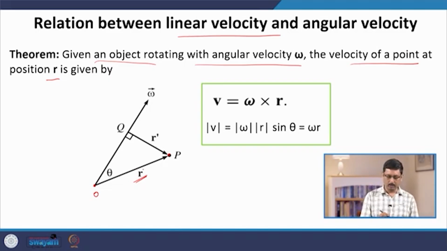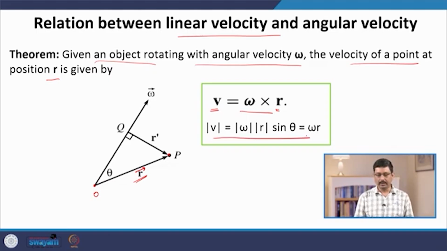This is boldface, meaning this is a vector quantity. Then its linear velocity v, the actual velocity, which is the rate of change of displacement, is related to the position vector by this particular expression. Perhaps you are familiar with this expression in terms of magnitudes, the 2-dimensional version, but in full 3D we need to describe it using the full vector notation.